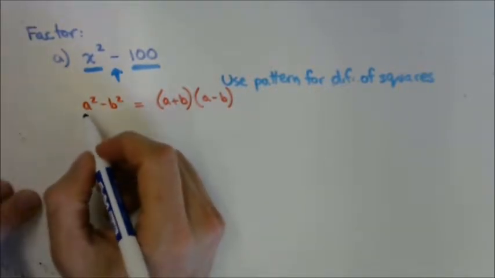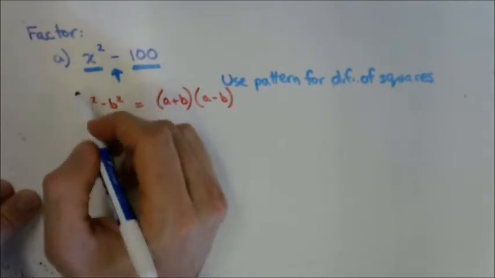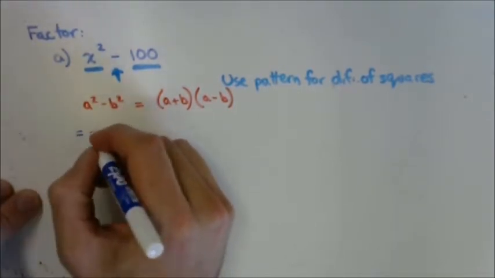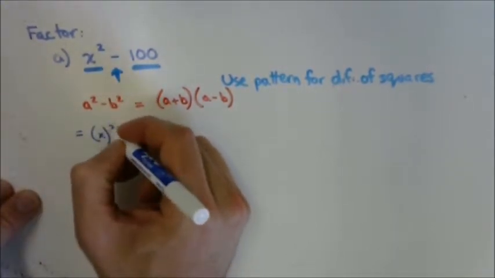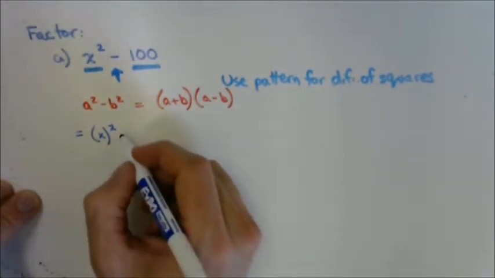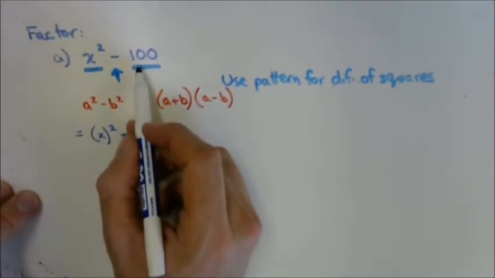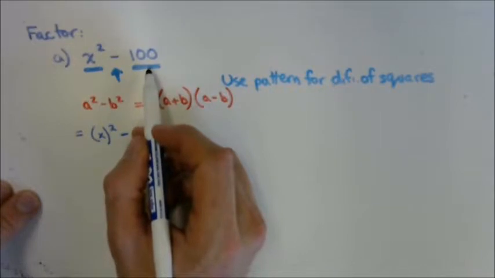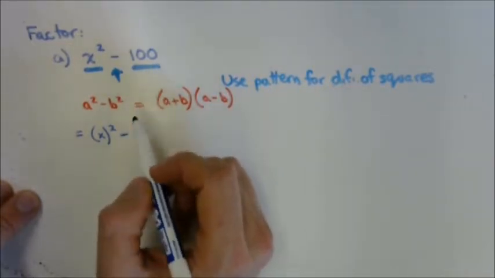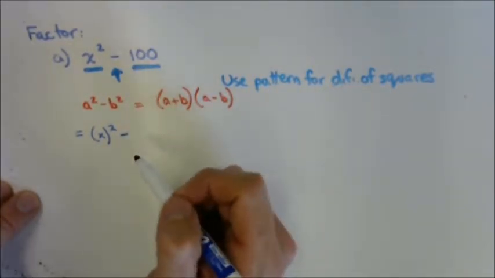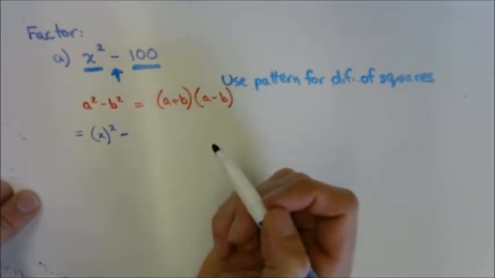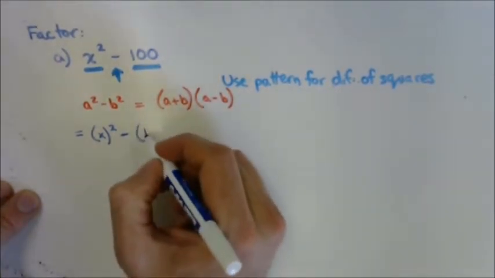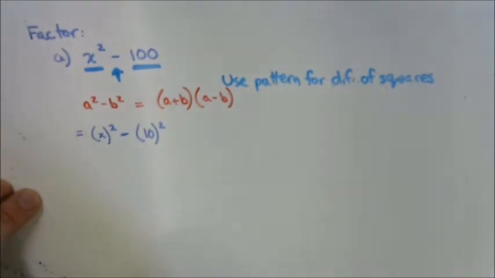So if my first term here is a squared, then I've got x squared. My second term is 100. How could I represent 100 as a number squared? What number is being squared to get 100? Linz? 10 is being squared. So we've got 10 squared.